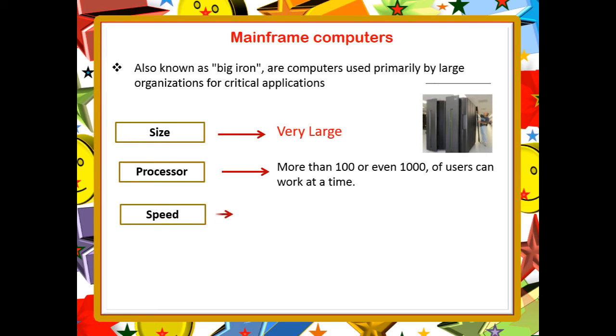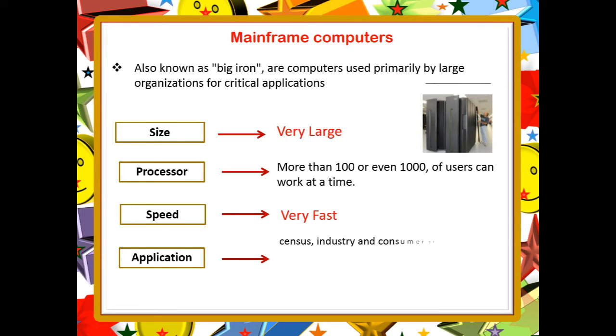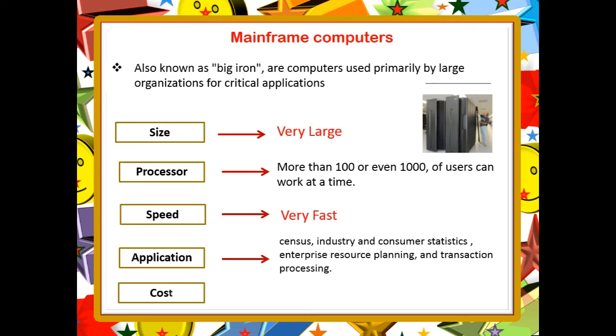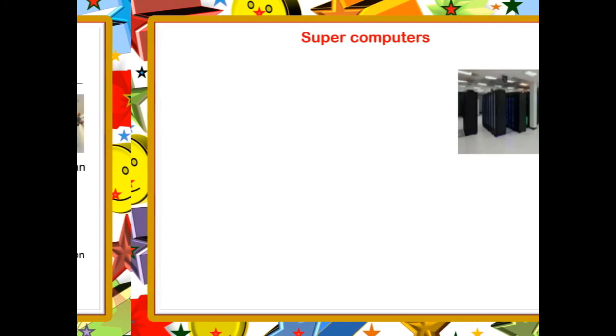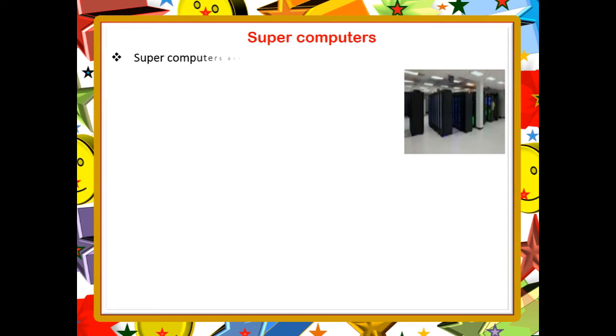Its speed is very fast as compared to mini computers, and the applications where mainframe computers are used are in census, industry and consumer statistics, enterprise resource planning and transaction processing, and its cost is very expensive as compared to mini computers.